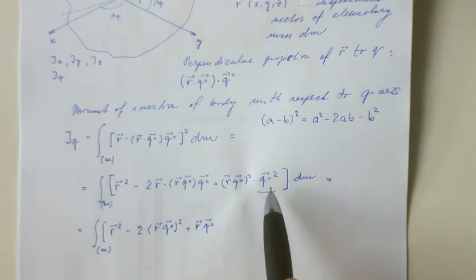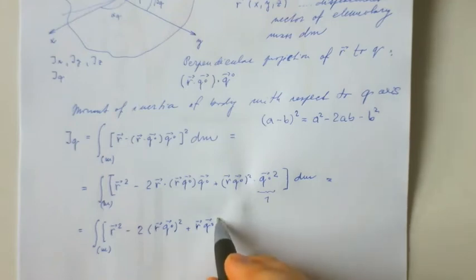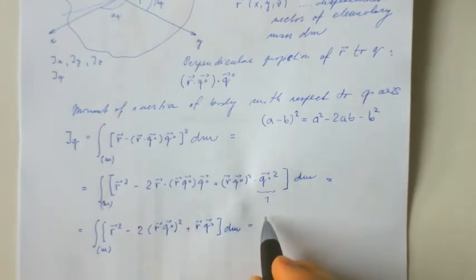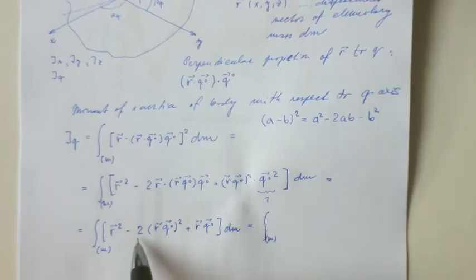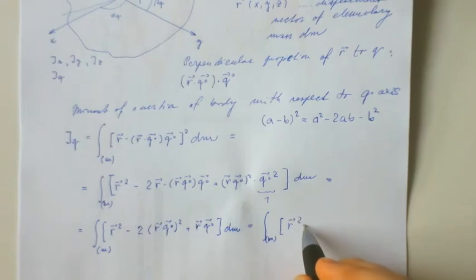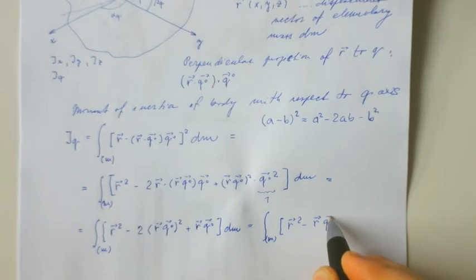So it's 1 by 1 is 1 dm. And finally we can rewrite it to this form because there is double of something what is here. So we can rewrite it as r square minus only 1 r q0.